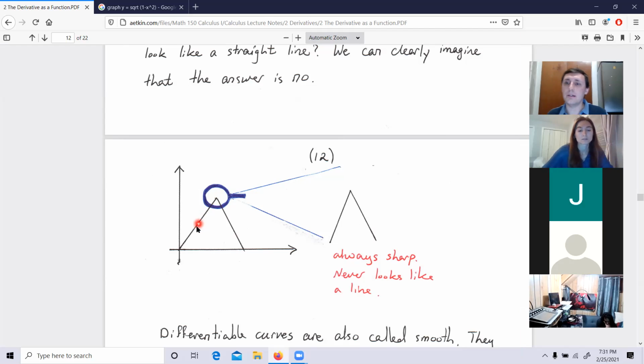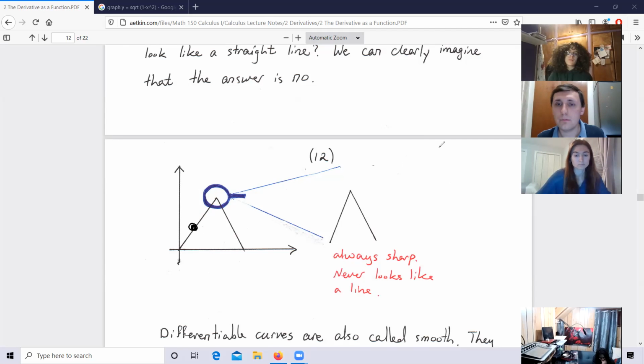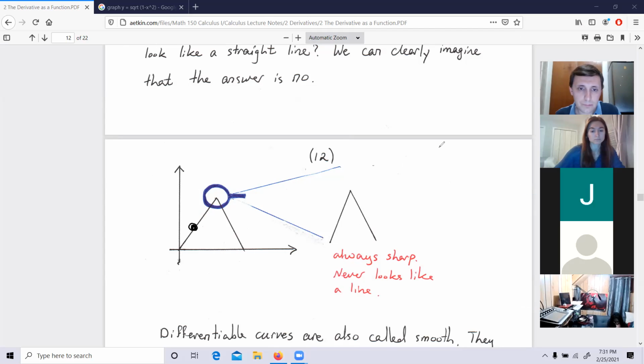What will I be seeing? In other words, what is the derivative at this point? Okay, I withdraw that question for a moment.